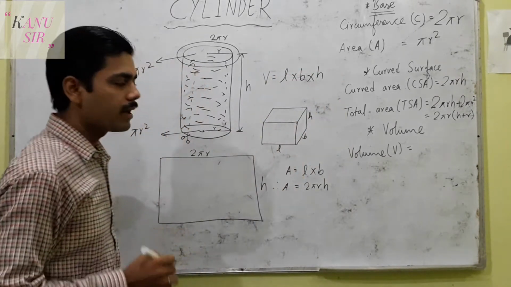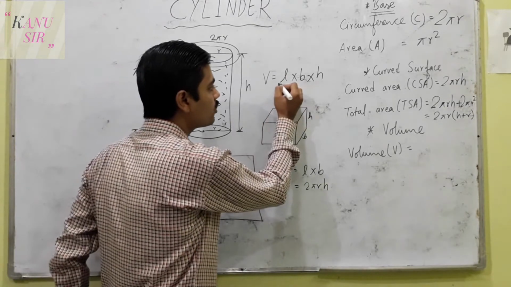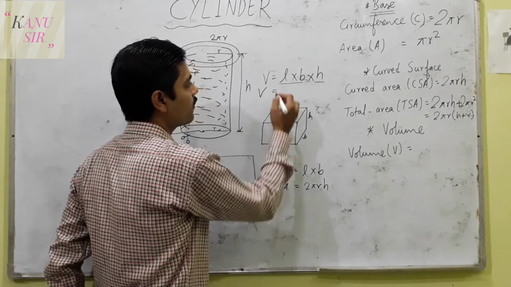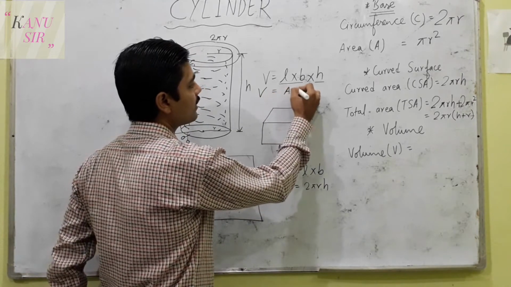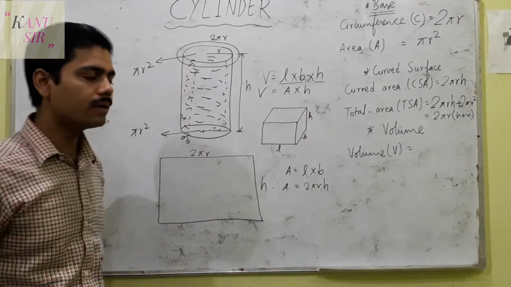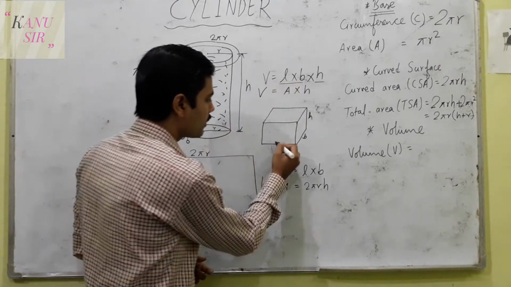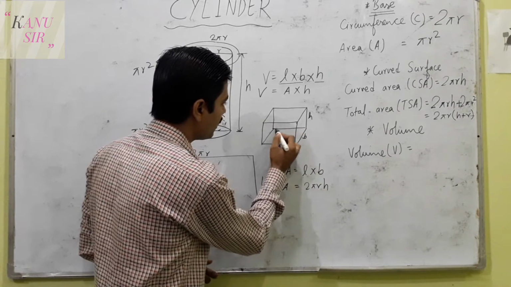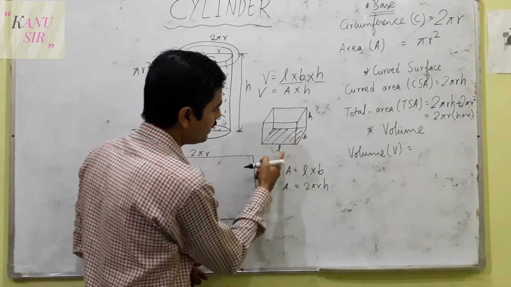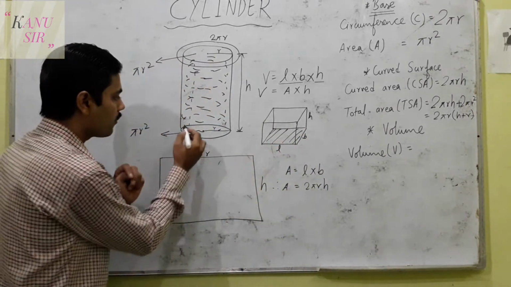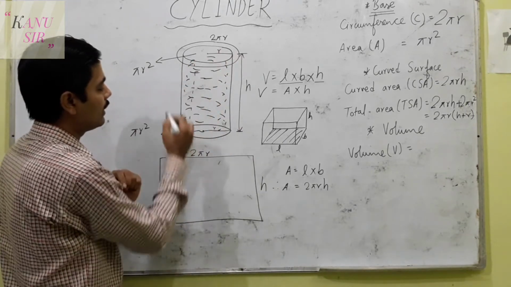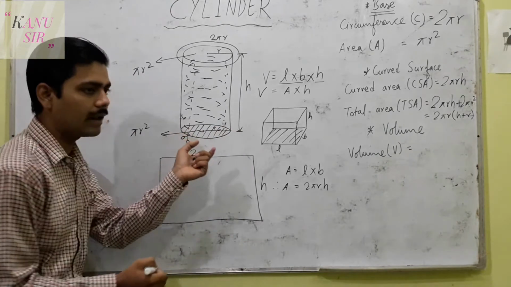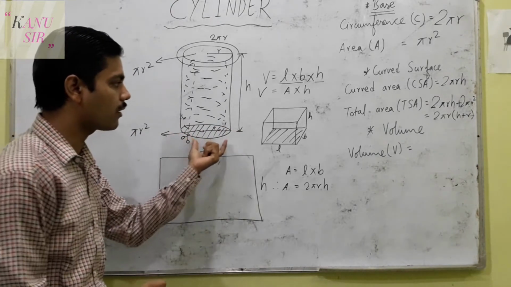into H. From the formula we come to know L into B is the area and H is the height. So actually the volume can be calculated as area into height, the area of the base. Here we are finding the area of a base, that is L into B. Similarly, for the volume of a cylinder, we will be finding the area of the base of a cylinder, and the base of a cylinder is a circle.